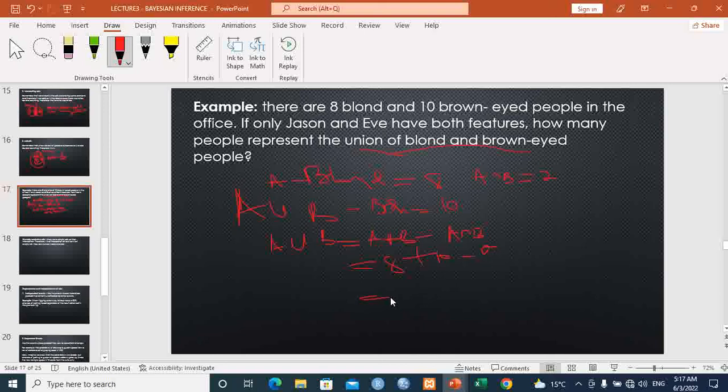So this is equal to 18 minus 2, which is equal to 16. So A union B is 16.